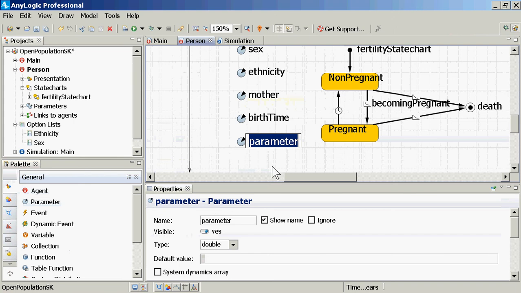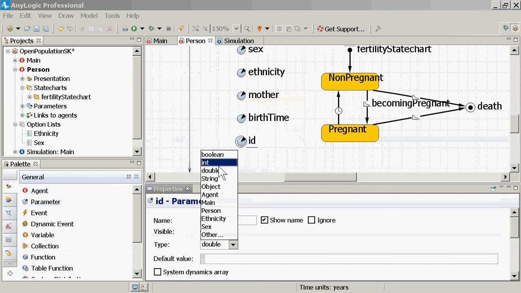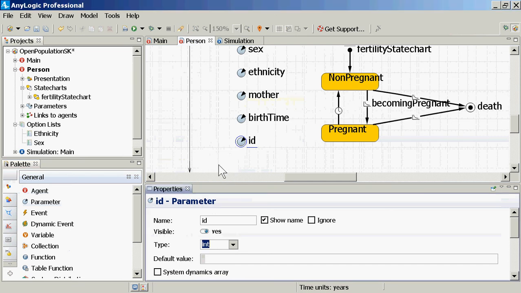Birth time is going to be a double. ID is going to be an int. It's going to be an integer that's never going to be reused. It's like your Social Security number, or your social insurance number, or the equivalent in Australia and New Zealand. Sort of a unique ID that's going to follow you from then on. People comfortable with that? We just added birth time, which is a double, and ID, which is an int. People okay with that?